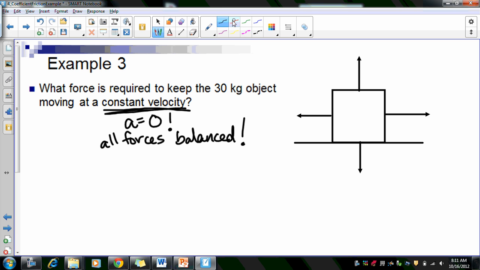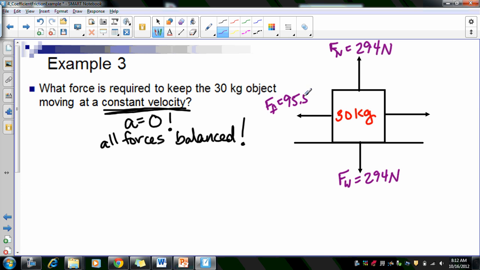So once again, we know the mass, which is 30 kilograms. We know the weight, which is still 294 newtons. We know the normal is still 294 newtons. And since it's moving at a constant velocity, we know the frictional force is that 95.55 newtons.